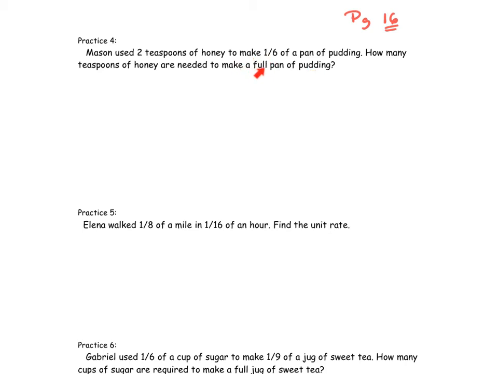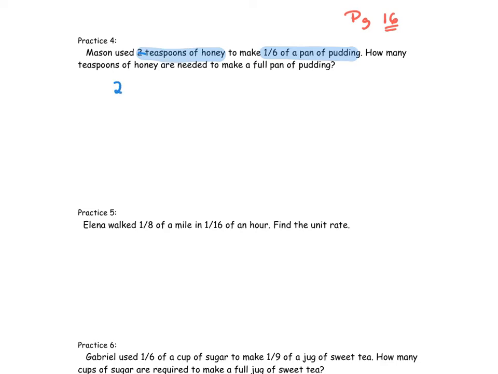So a full pan would be 1 pan. So we're going to highlight what they've given us. He uses 2 teaspoons of honey to make 1/6 of a pan of pudding. So I'm going to start out by writing that as a ratio.